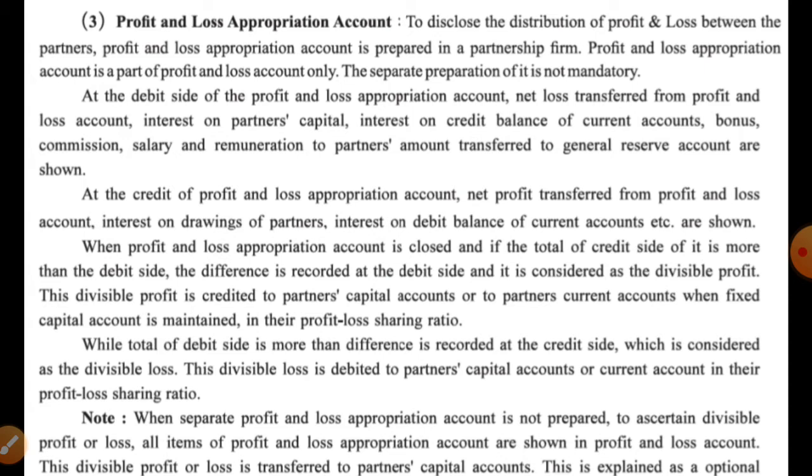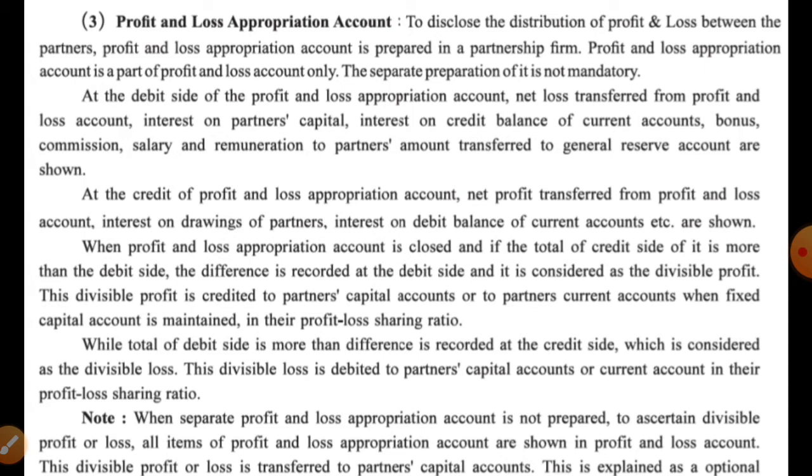Then interest on partners' capital, and interest on credit balance of current account. If there is a current account also, then the interest on that current account will also be recorded on the debit side. Any kind of bonus, commission or salary payable to any partner, or remuneration payable to a partner, will be recorded on the debit side of the P&L appropriation account.